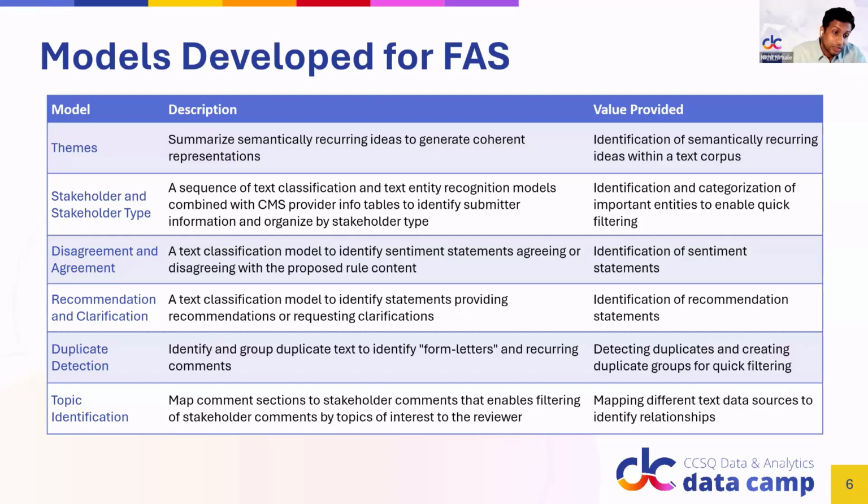All these models, ranging from supervised to unsupervised approaches, have been implemented as part of FAS. And as I mentioned, to solve a specific use case you can use anything. It doesn't always have to be supervised approaches; unsupervised approaches also help a lot sometimes. Julia, next slide, please.